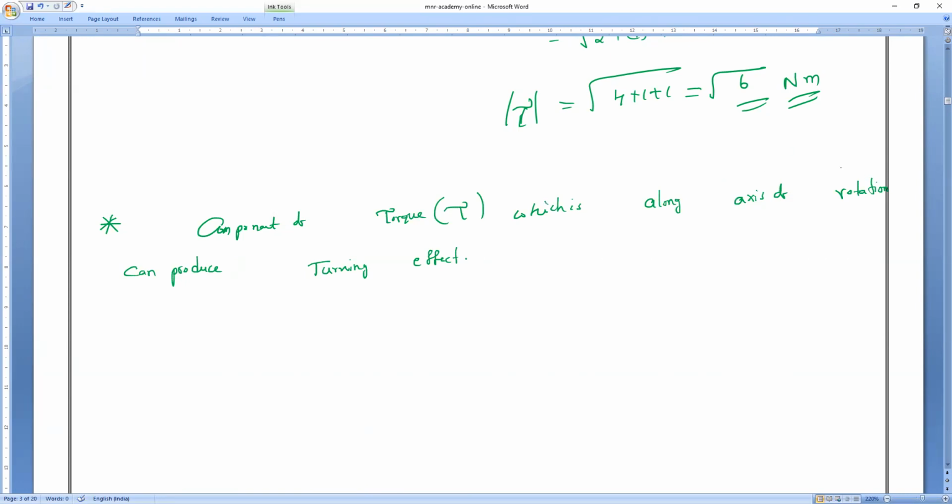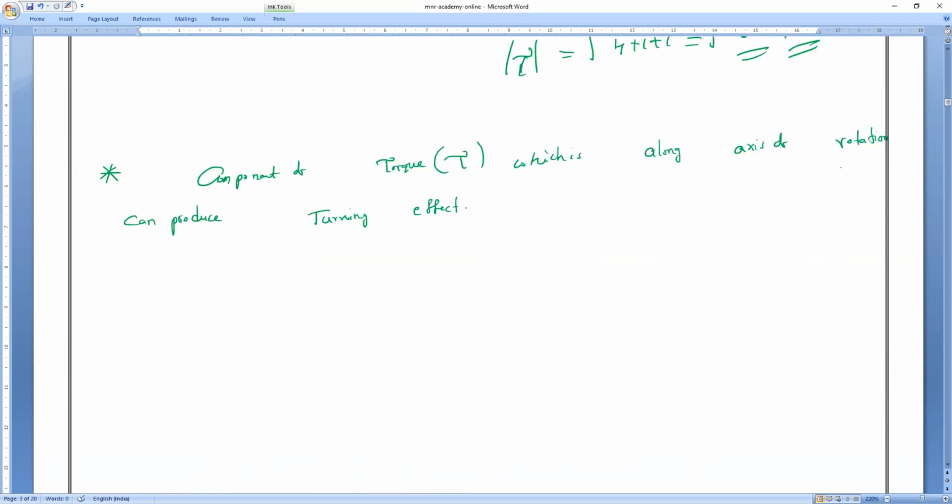Let us notice it now. The component of torque about the axis of rotation can only produce the turning effect. For example, if I consider the turning effect is 0, in the sense that the applied force is parallel to what?